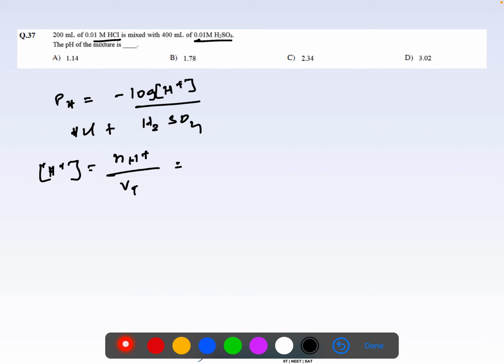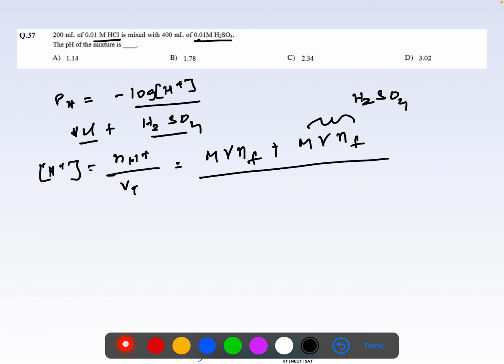So the number of moles of H plus will be coming both from HCl and H2SO4. So this we can get by molarity into volume into n factor of HCl plus molarity into volume into n factor of H2SO4. This will give the total number of moles of H plus, divided by V1 plus V2. This will give the concentration of H plus.